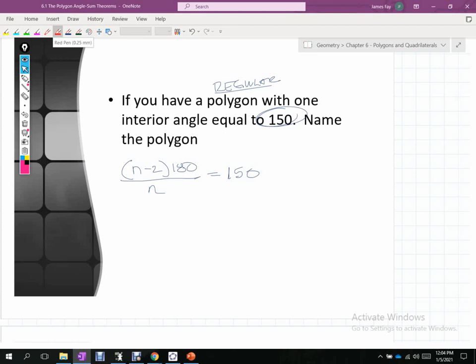Okay? So my least common denominator, look up here, what's my denominators? They are n and 1, right? So my least common denominator is just n. So I multiply both sides by n, so they'll cancel here. I'll multiply by n over here. So it gives me n minus 2 left over on the left times 180 equals 150n.